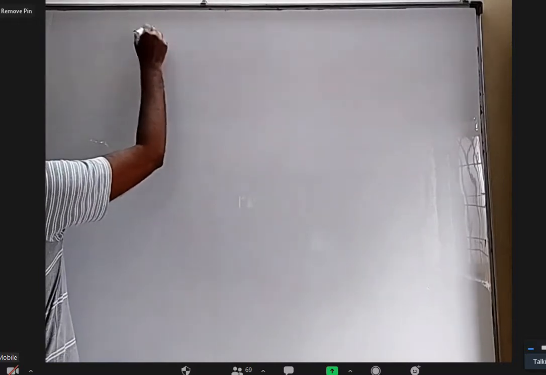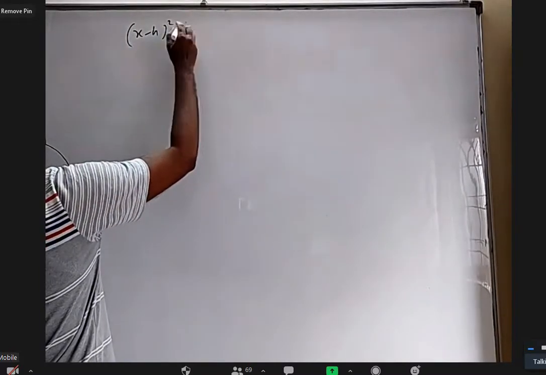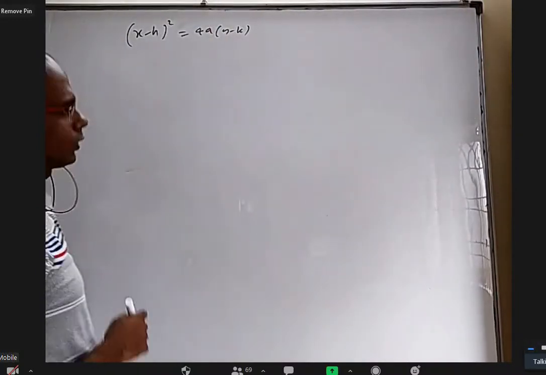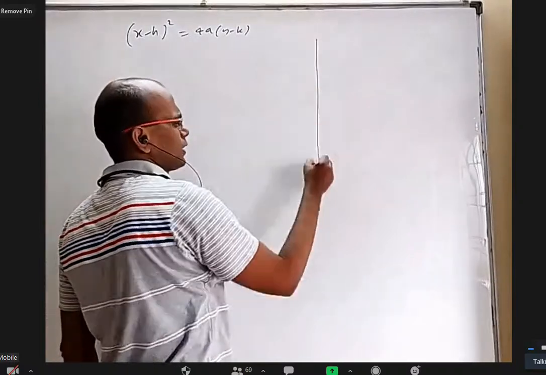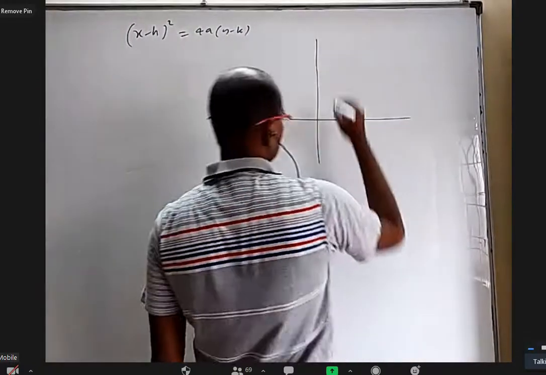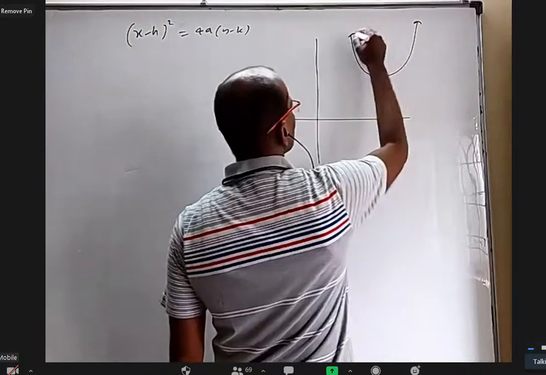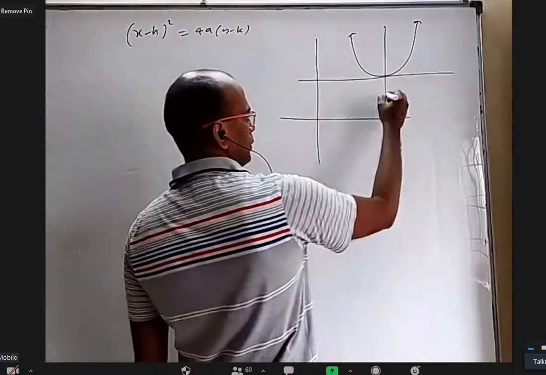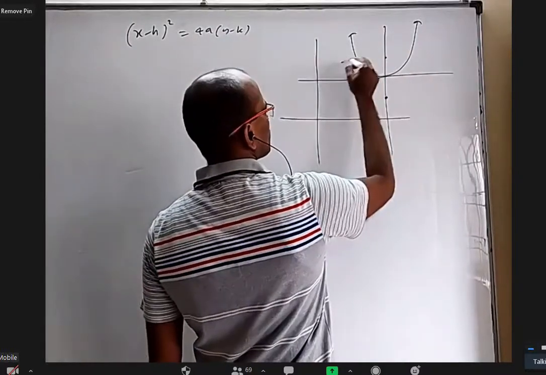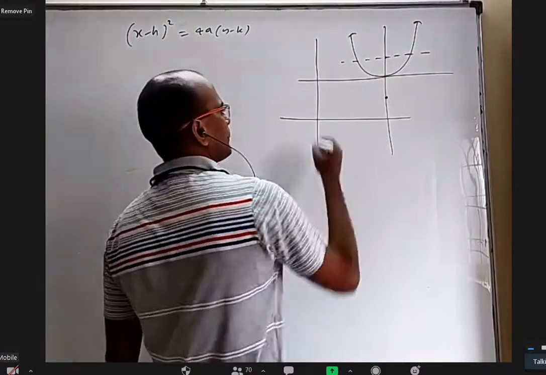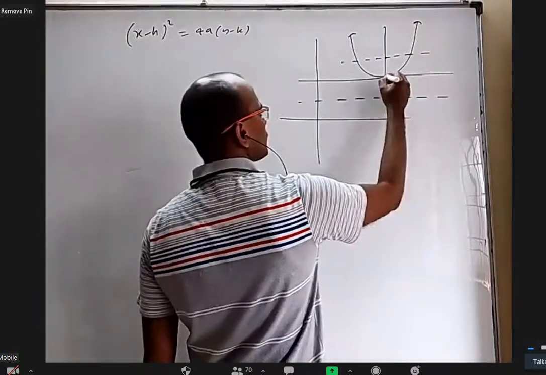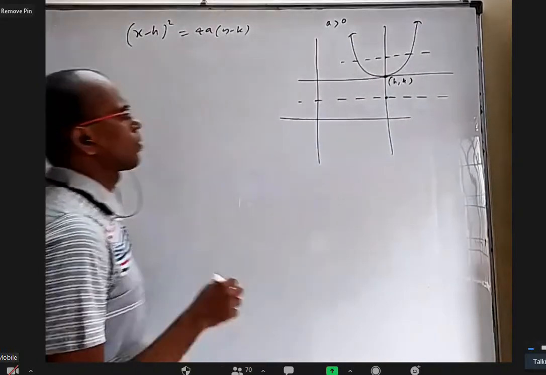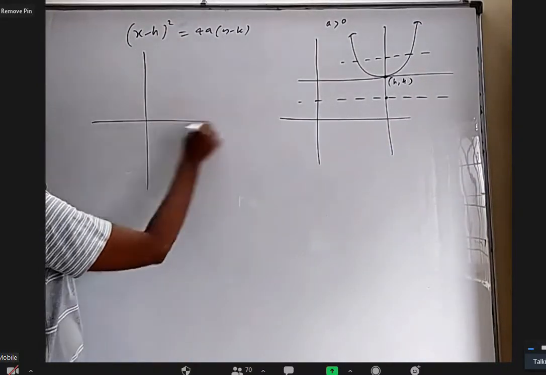Okay, x minus h whole square equals 4a into y minus k. If a is positive, it opens upward; if a is negative, it opens downward. It need not be in the first quadrant.